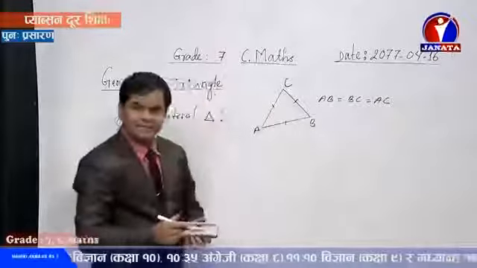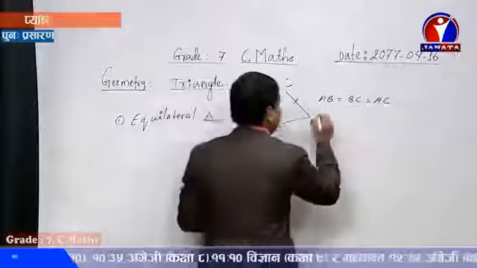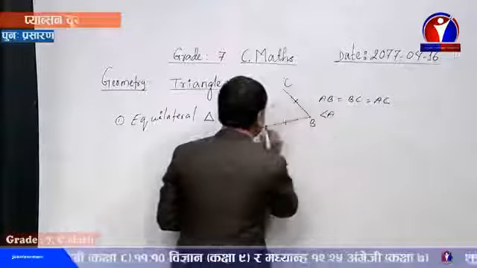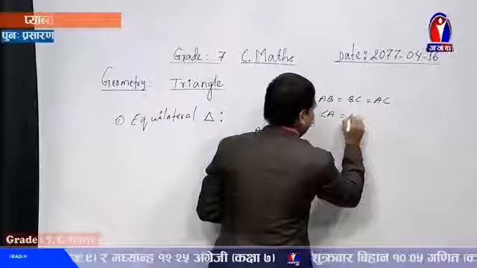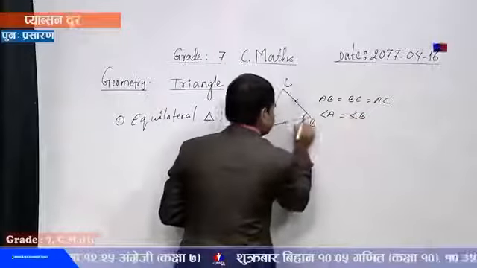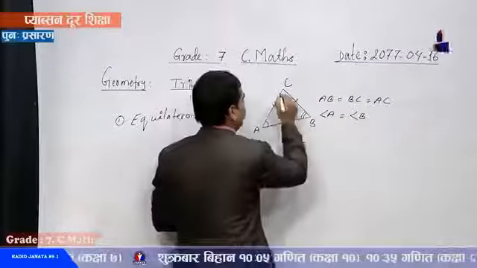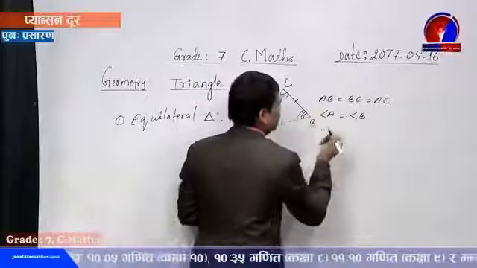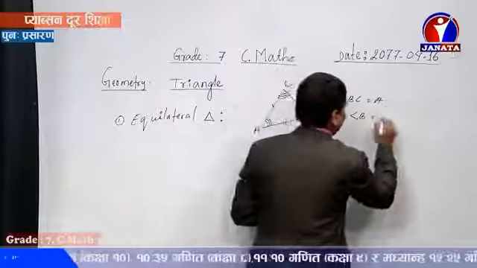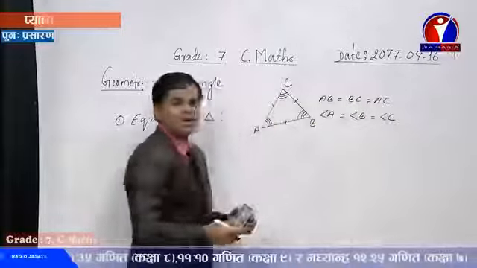Not only that, the three angles: angle A, the measure of this angle, and then angle B, the measure of this angle, and then angle C, the measure of this angle. If we measure with the protractor, then we find them equal to each other.